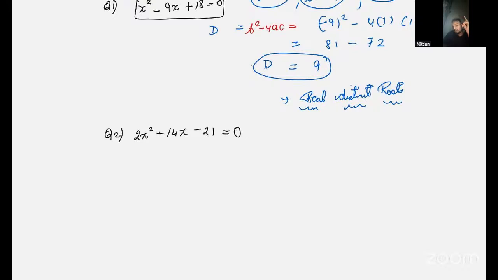Nayantara, where is your word problems, linear equation? You didn't solve that? Why? I couldn't understand the questions. You didn't understand the question, so you didn't ask me in doubt class also.